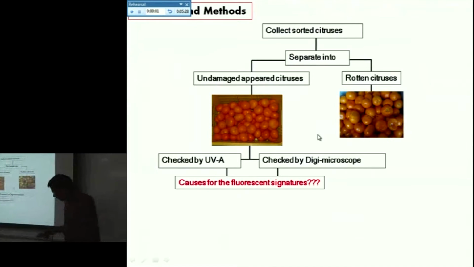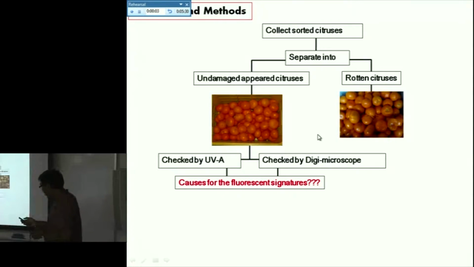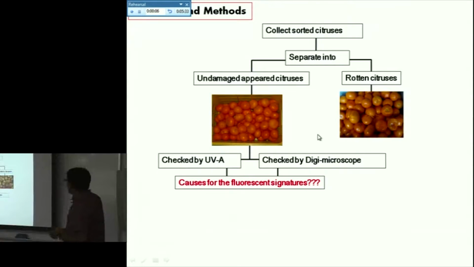To do this, the methodology was, after processing numerous lots of fruit, we collected the sorted citrus and examined whether the system detected only rotten citrus or also citrus that appeared undamaged to the naked eye under visible light. We found that among sorted citrus, 20% appeared undamaged to the naked eye and were not culled by the packing house workers.